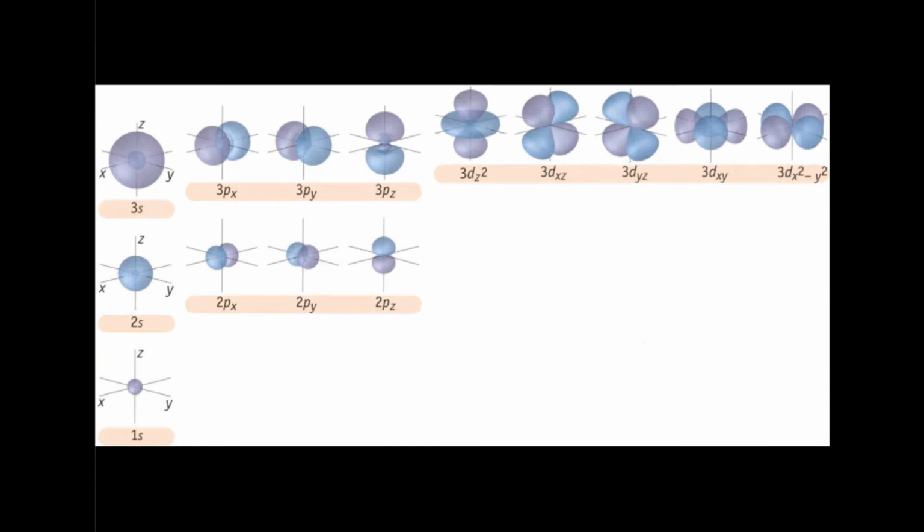But just like my 2pz orbital had that nodal plane, right? A node is a region of space where these diagrams go to 0. They vanish. There is no likelihood of finding our electron there. So there is a node that cuts this p orbital in half. For the d's, there are 2 nodes, right? One that cuts between there and one that cuts between there. And so for every time you have more lobes, you have more nodes associated with it as well.